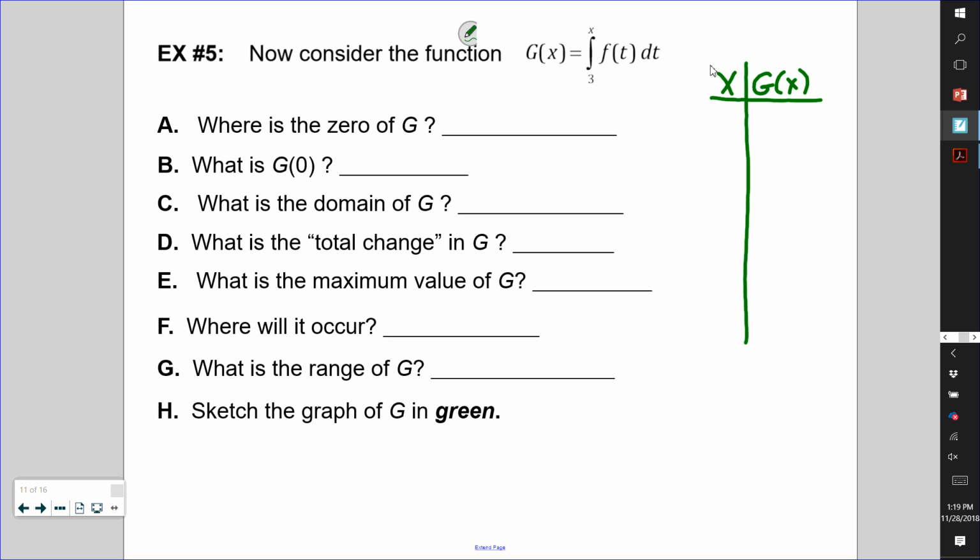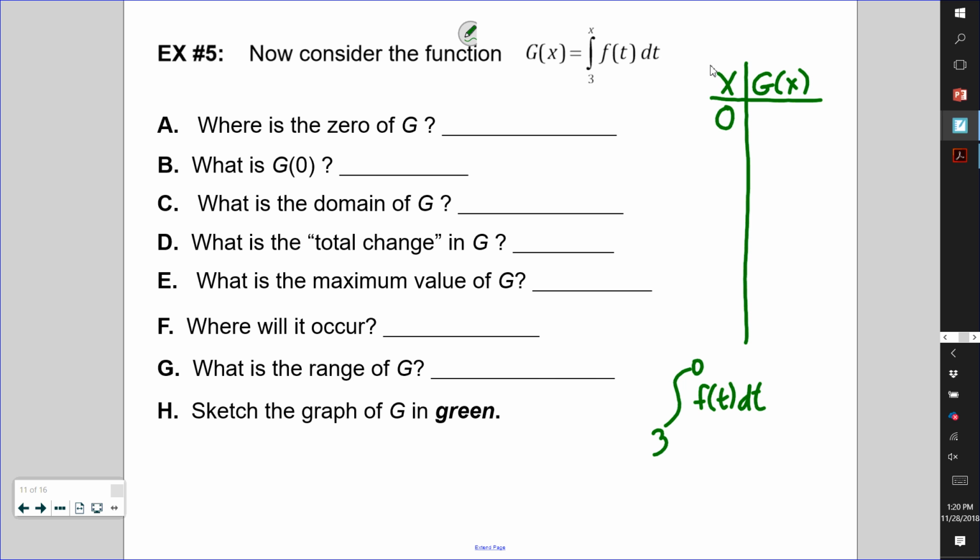All right, so let's start plugging some numbers in before we answer these questions. So first value of x is 0, right? So what's different here? 3. So it's going from 3 to 0 of f of t dt. So what does that mean? It's the opposite, remember? If you have the limits backwards, then you do the area still, but you have to take the negative of the answer.